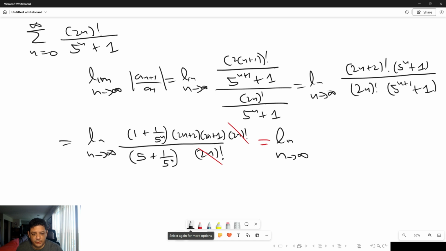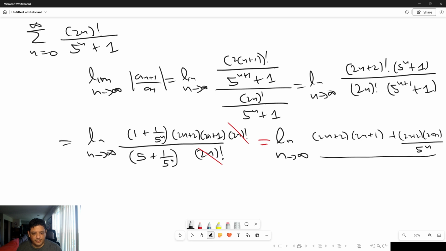So this term is going to become something of a quadratic term, (2n+2)(2n+1) over the same thing. So although this part goes to 0, this part is not going to 0.